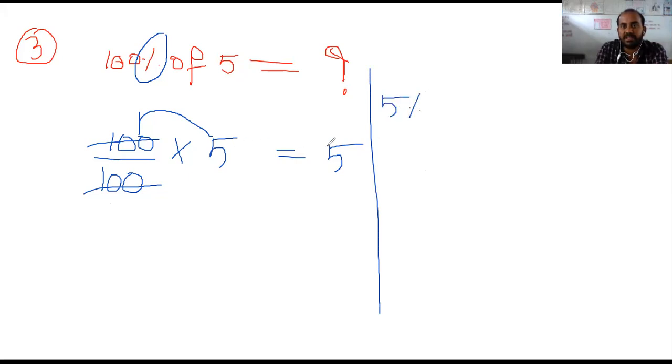5% of 100. Copy this first and after that do this. 5% of 100. What's the answer?